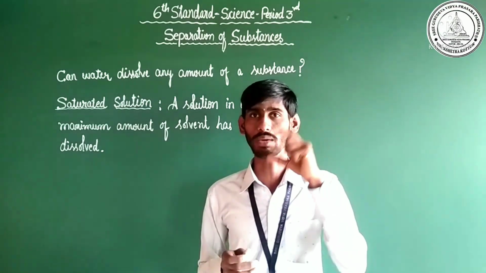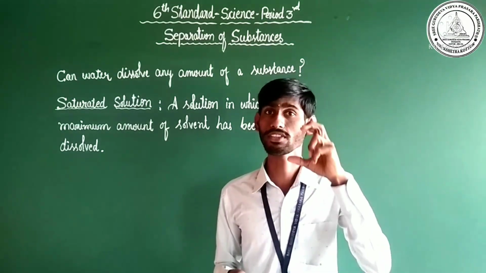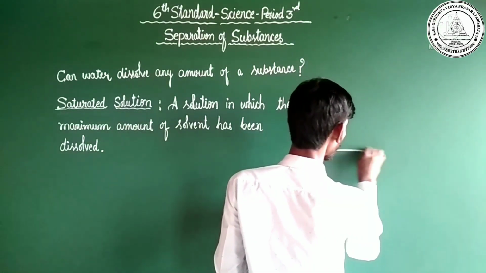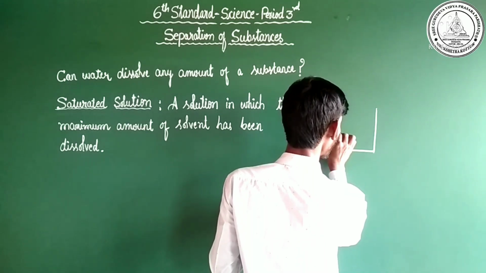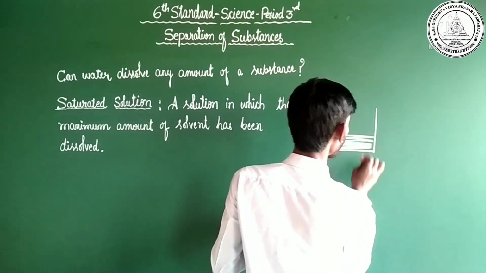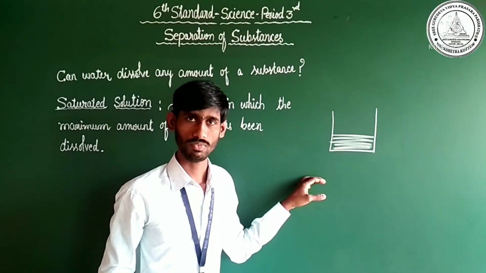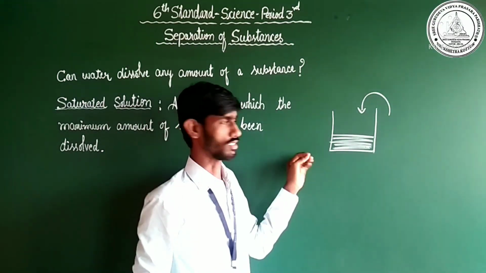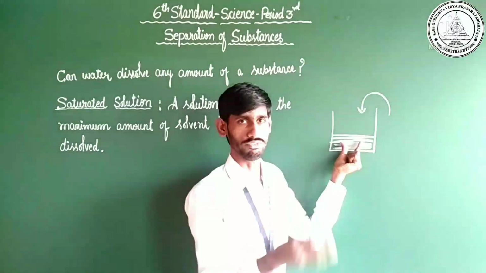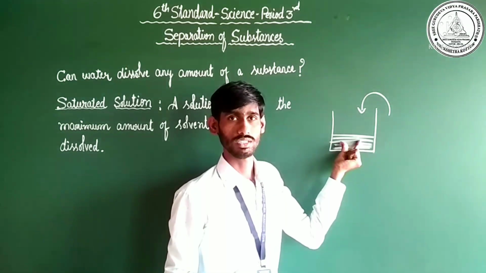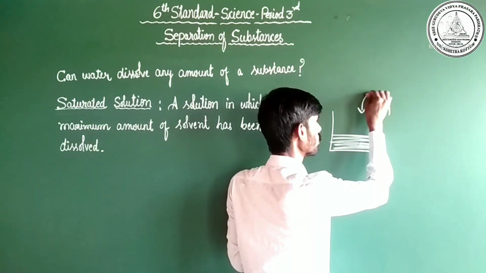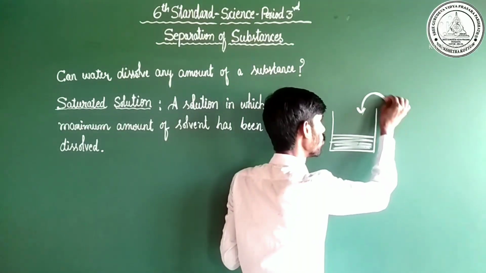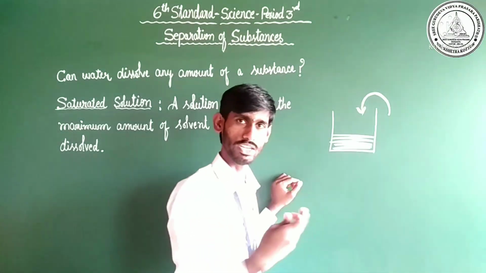Observe and listen carefully. Dear children, take a beaker with a fixed quantity of water. Add one spoon of salt and let it dissolve. Next add another spoon of salt, let it dissolve.